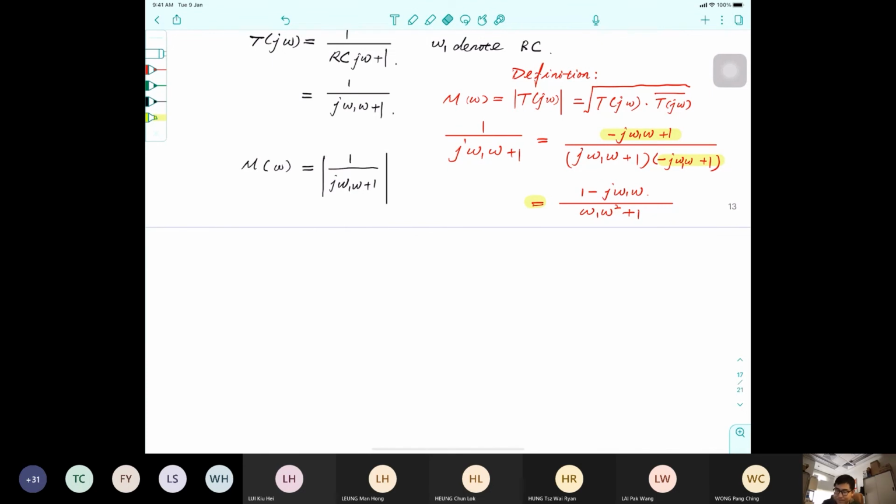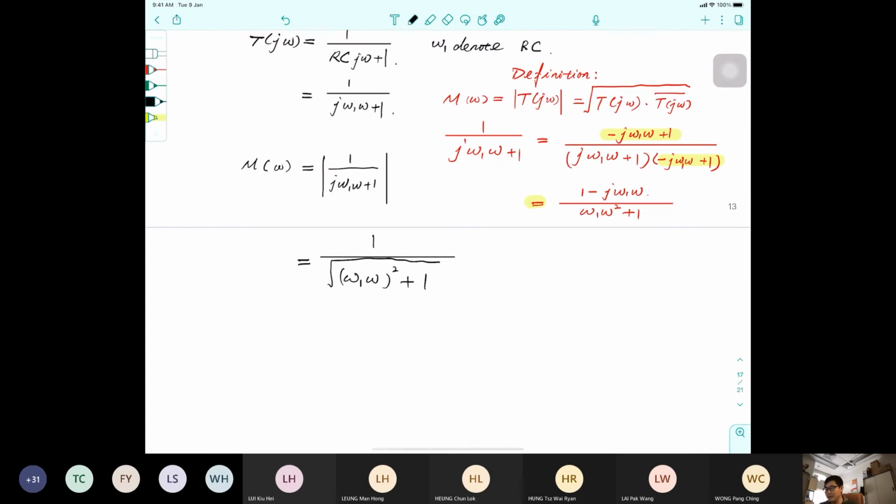You can remember this equals 1 over the square root of (ω1ω) squared plus 1.